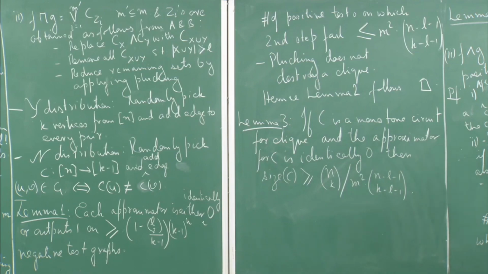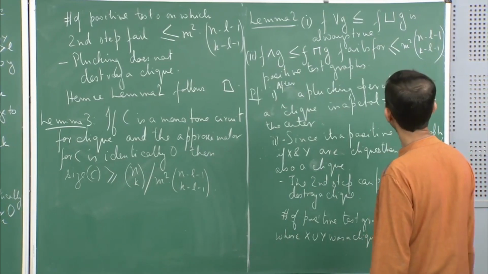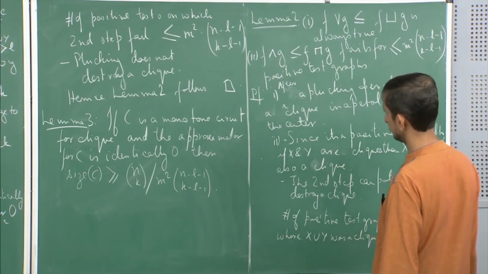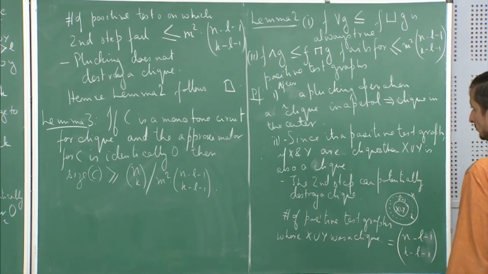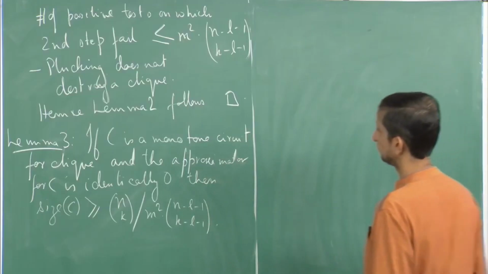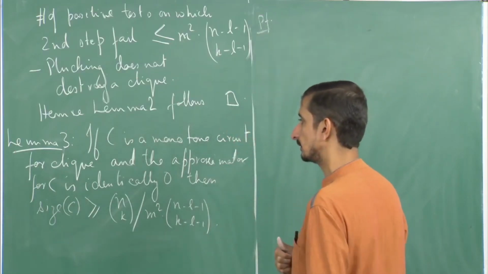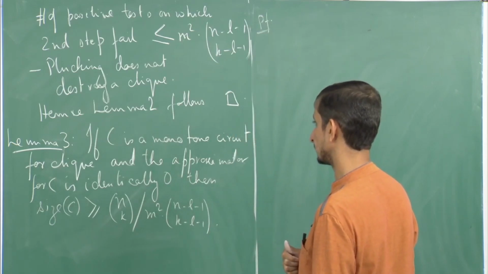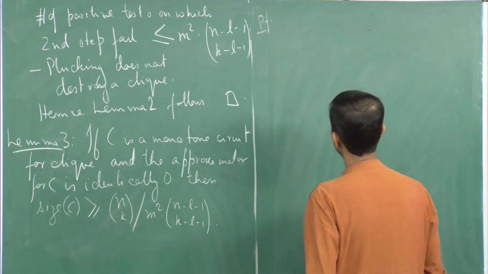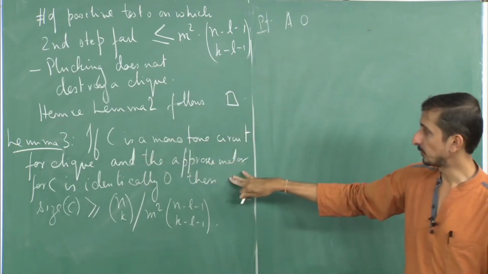This is not very difficult to see. This is just combining what we saw. Okay, let me remove this proof. So, firstly, what kind of approximator are we looking at?